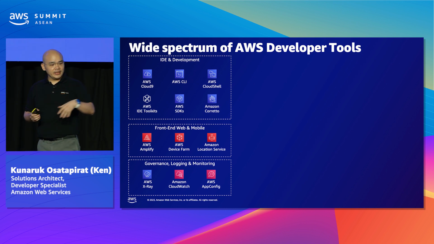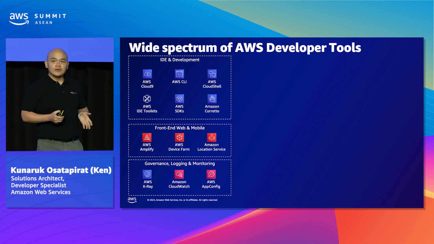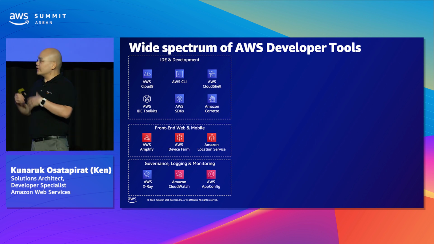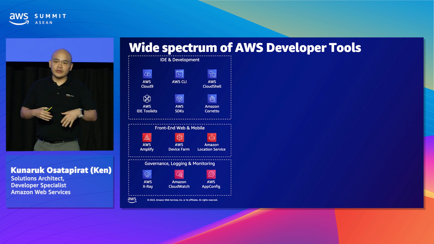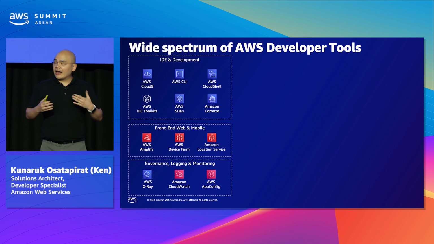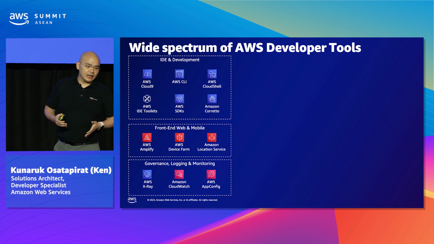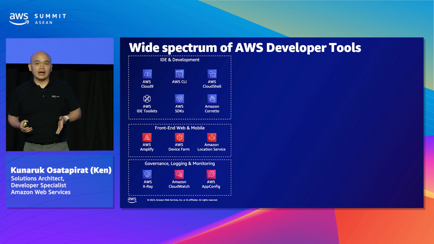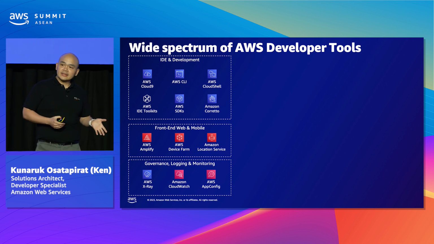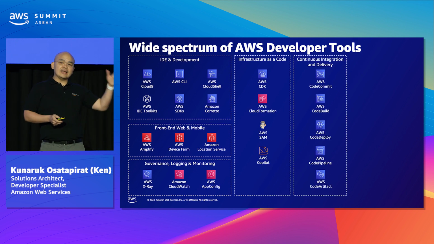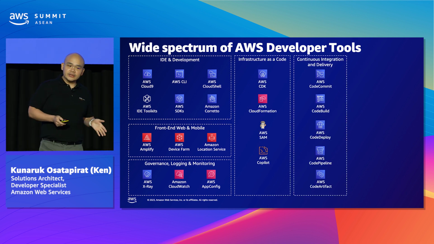And after that, you can use AWS Device Farm for testing your mobile application on the cloud. You can see that this is going to help improve your application development experience. And after you deploy your application on the cloud, you can use AWS X-Ray or Amazon CloudWatch to look at the traces, logs, and metrics of your application. And this is the ecosystem that you can use.